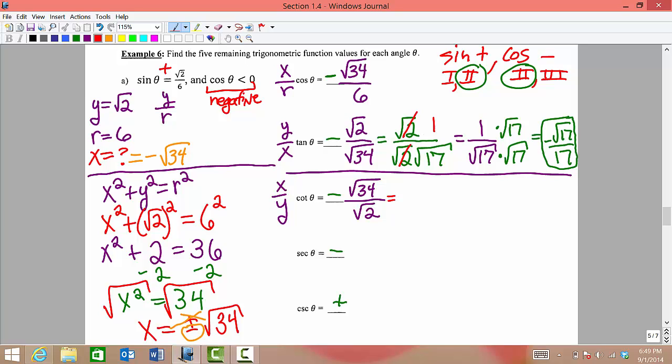That would be square root of 2 times the square root of 17, so we can rewrite square root of 34. And then on the bottom we have the square root of 2, and our square roots of 2 can cancel. Those are common factors. We end up with 1 as our denominator. So our final answer is really negative square root of 17. And we don't need the divided by 1 part.